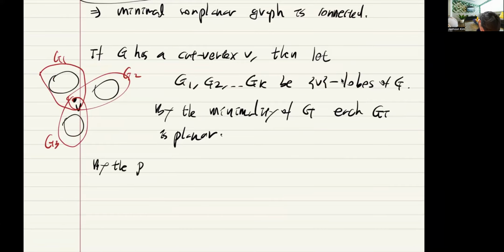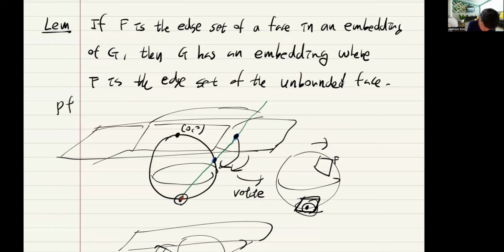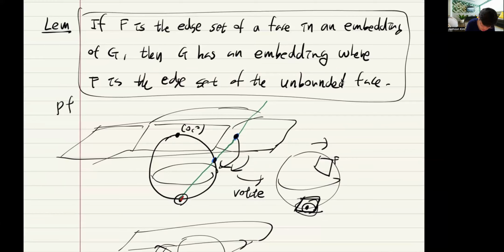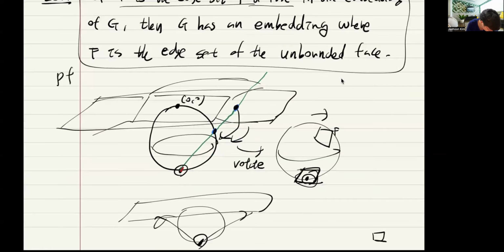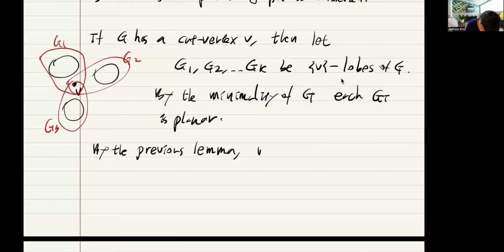By the previous lemma, each of them is planar, so that means we can find an embedding so that a certain face becomes the unbounded face, with the vertex B on the boundary of the unbounded face. Then what does it mean? We can embed each Gi with this specific vertex B on the outside space, the unbounded space.